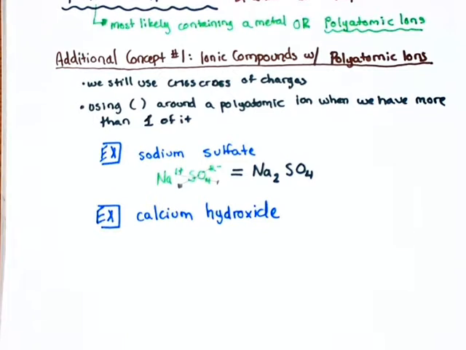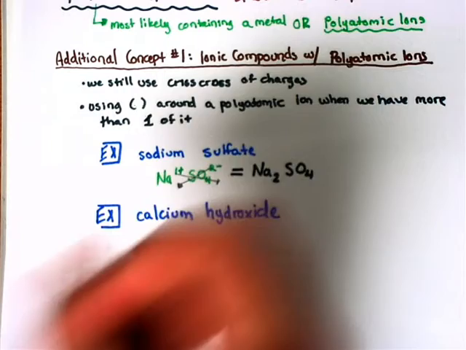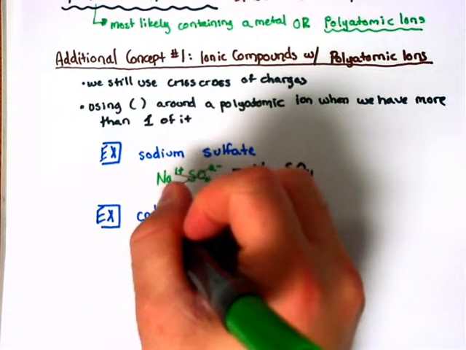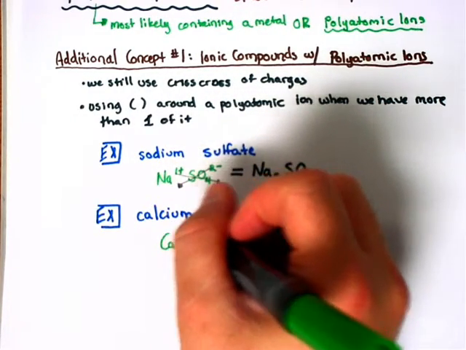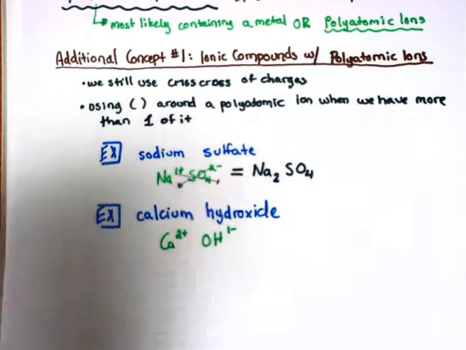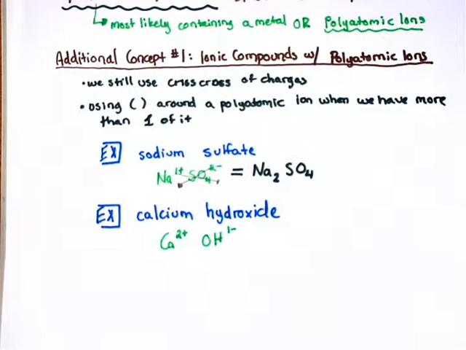Calcium hydroxide, if you'll write that down real quick. What's the charge of calcium? Ca2 plus. And hydroxide is OH, and it's a 1 minus, correct? So we bring our charges down.